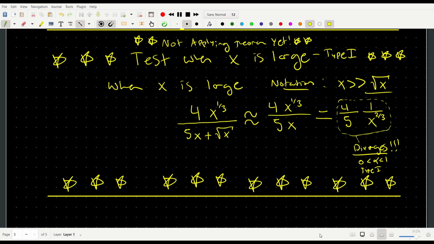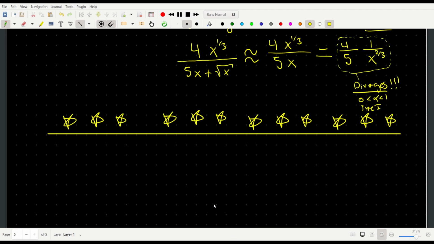So let's see how to actually go through and apply the direct comparison theorem. From the test that we did before, we see that this is probably going to diverge. So now we have to go through and test. Because we expect it to diverge, we're going to look for a lower bound to our function.